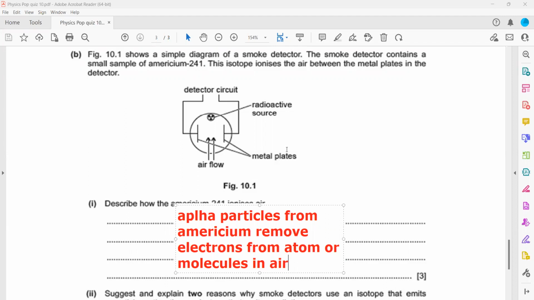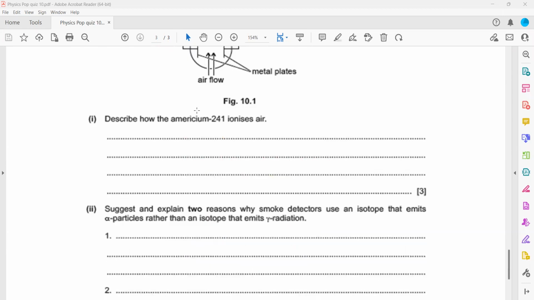So 1 mark is for removing electron, 1 mark is for mentioning atom or molecule, and 1 mark is for mentioning where we get the alpha particle from: we get the alpha particle from americium. As americium 241 decays, it gives out an alpha particle.